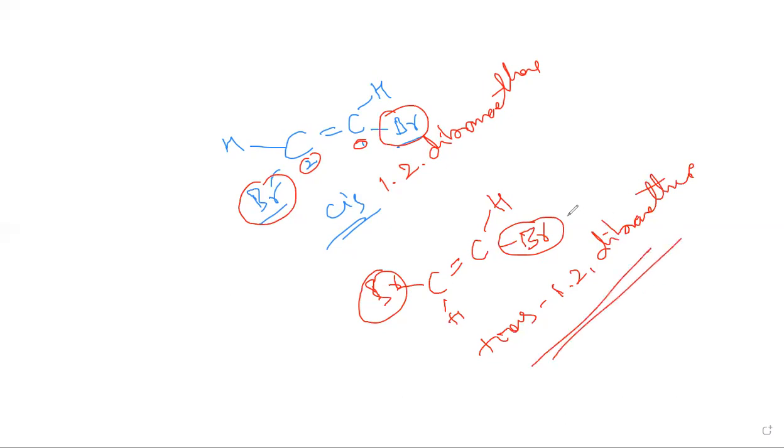What happens if the two groups attached to the same carbon are not different? Does the compound show isomerism? Let's see: carbon double bond, with hydrogen, hydrogen, and hydrogen.